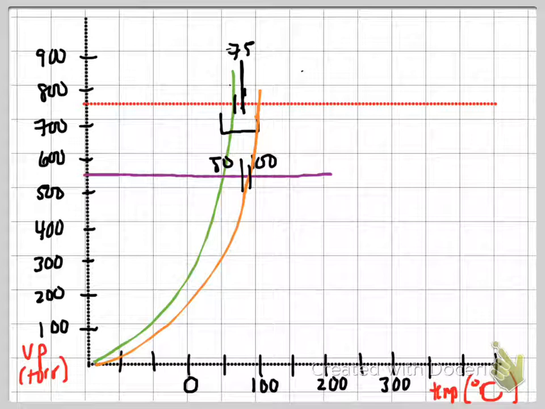Okay, under normal atmospheric conditions at sea level, what temperature is required to vaporize mercury? So remember, this is our normal atmospheric line, 760 torr. Who's got a number? Somebody wearing gray or blue.